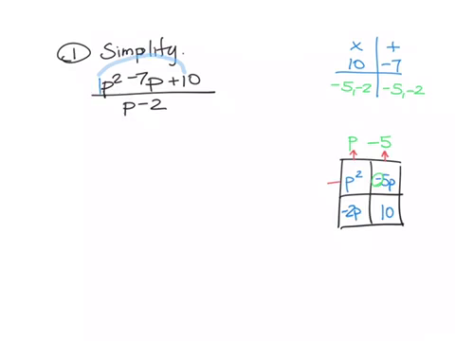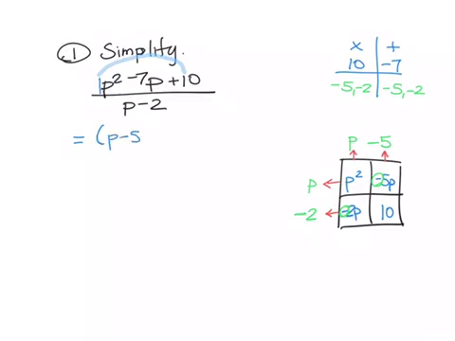Going horizontally, p squared and -5p, they have a common p, which then leaves us here with -2p and 10. Their greatest common factor is 2, and again, for the same reason, because where the arrow leaves is negative, this becomes a -2.